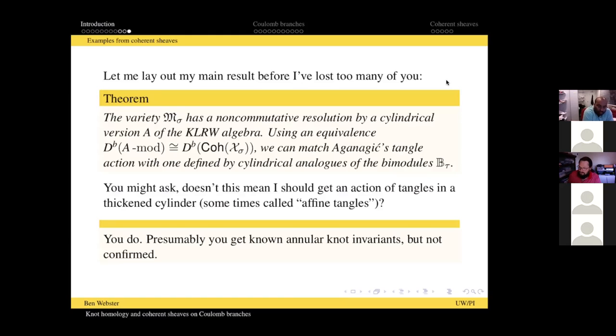So should we know in which sense it is a non-commutative resolution? I think you should take the definition that I said. It's a non-commutative crepant resolution in the sense of Van den Bergh.